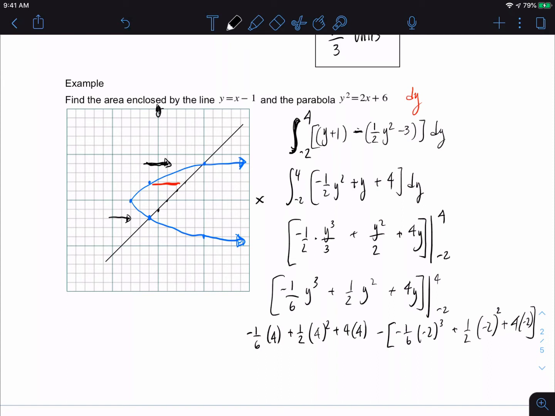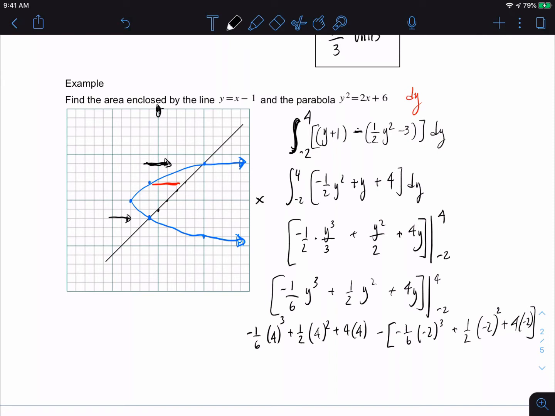On the first, did you intentionally not put the cube? Negative 1/6 times 4. Shouldn't it be a cube on the bottom? On the first term. Oh, yes, my apologies. That should be a cube. It was a mistake. Thank you for seeing that.